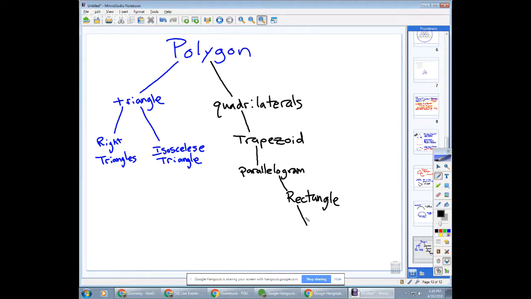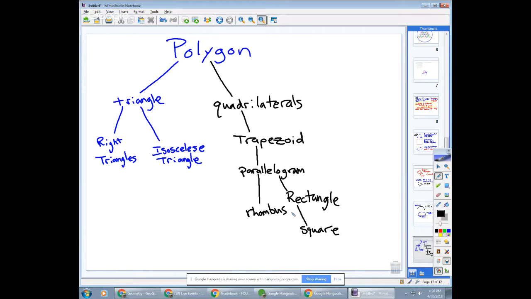So that comes straight off the rectangle family. Okay. Let's see. Is a rhombus a parallelogram? Okay. Is a rhombus a rectangle? No. So it has to come off parallelogram, but not that. So rhombus.